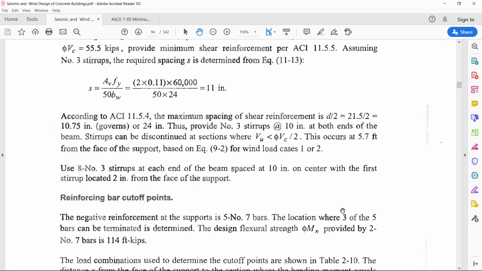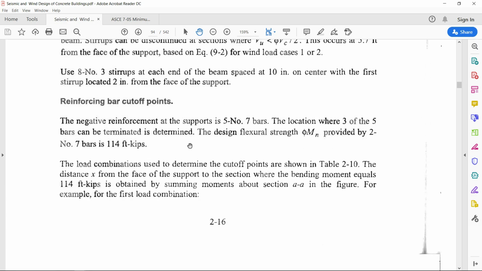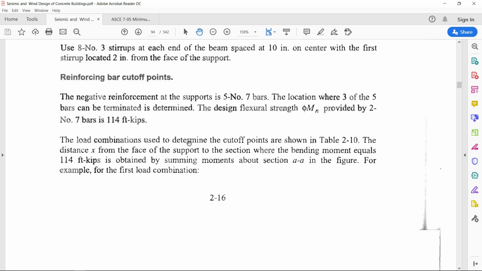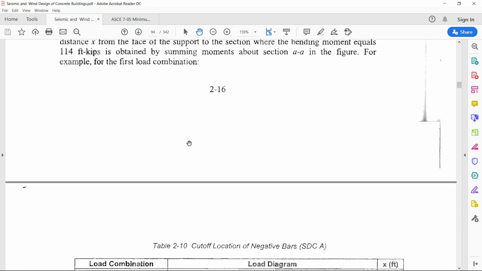Then they are calculating some reinforcement cutoff points. Of course, the reinforcement cutoff point is not properly defined there, but you can see in the detailed result of the beam, they have defined the lap length, etc. We will see.